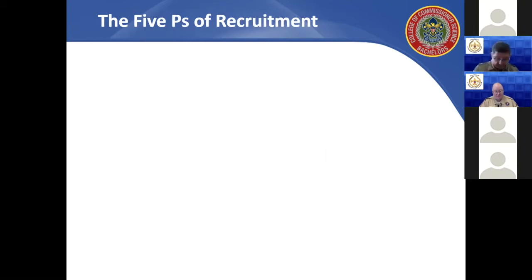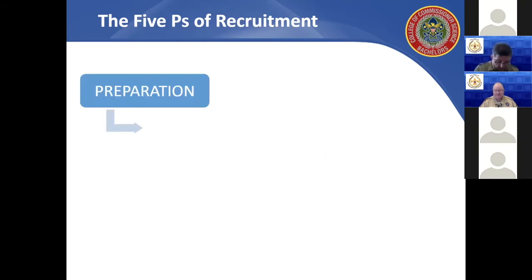And once we find candidates or identify them, then we need to look at what's next. How do we recruit them? How do we engage them and get them to say yes, ideally, and get them to help us with our commissioner mission? So the first thing is preparation.